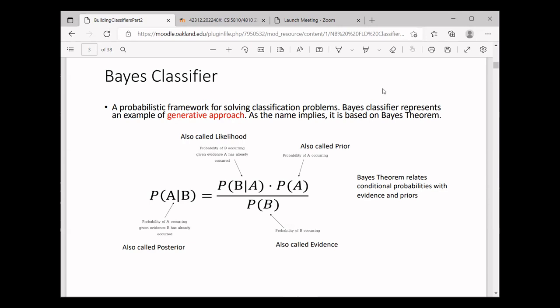Probability of A is the a priori probability that A is going to happen. And probability of B also is the a priori probability. And in this case, it is also known as the evidence. So basically what the Bayes theorem does is that it relates conditional probability with evidence and priors.